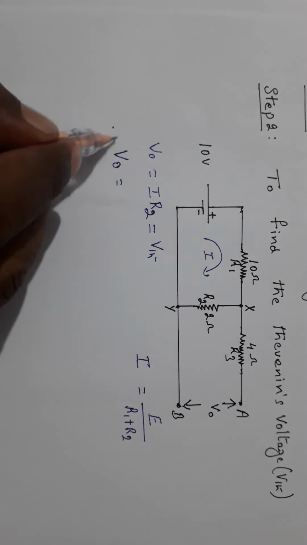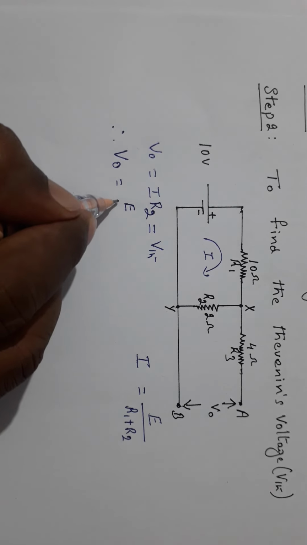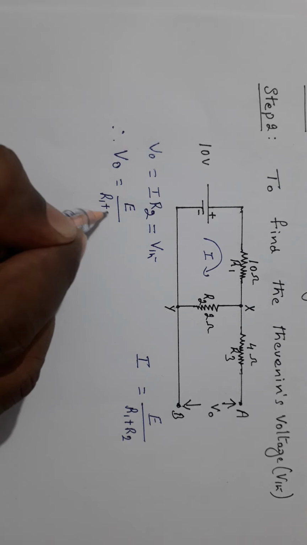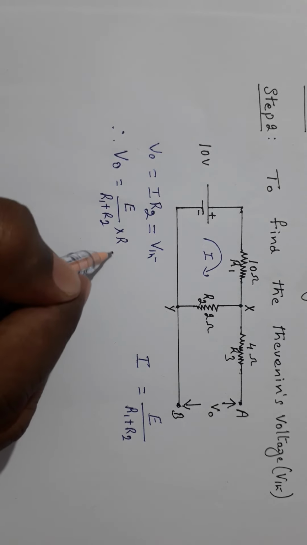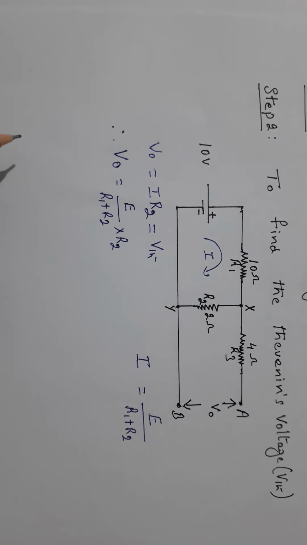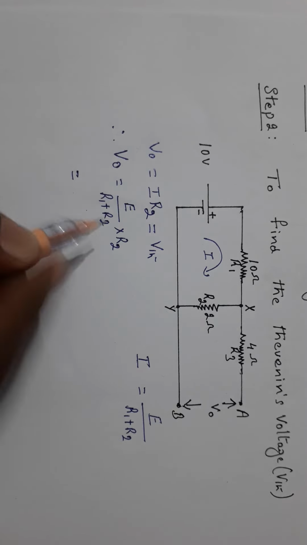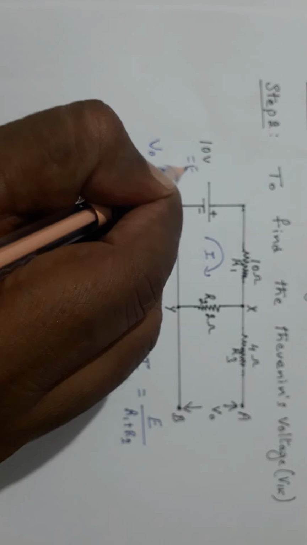Therefore, VO equals I, that means E divided by R1 plus R2, into R2. The voltage source E equals 10 volts.